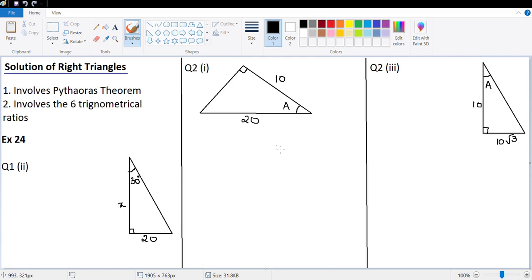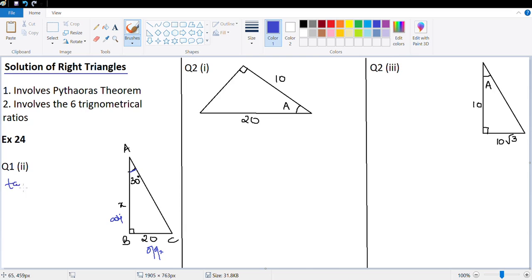It says find x, and we are looking at the reference angle as 30 degree here. So let's give it some names so that it's easier for us to work with which sides we're looking at. So if this is my reference angle A, then I have this as the opposite and this as the adjacent. So which means I will look at the value of tan.